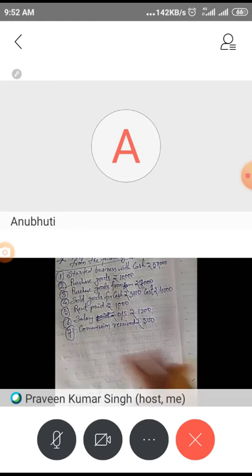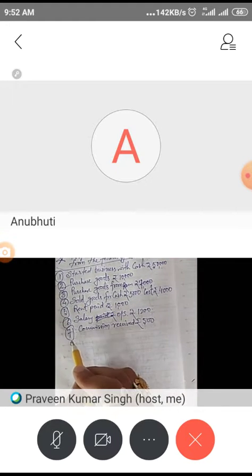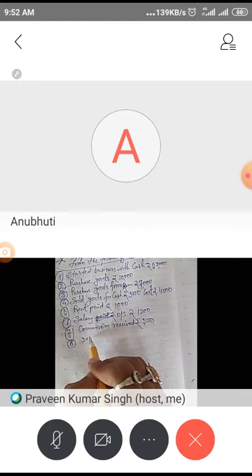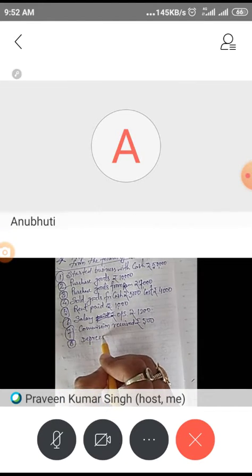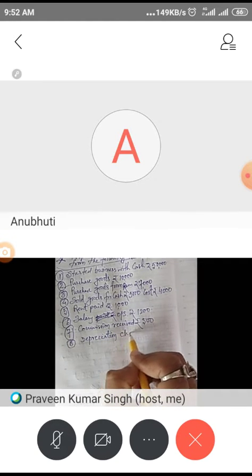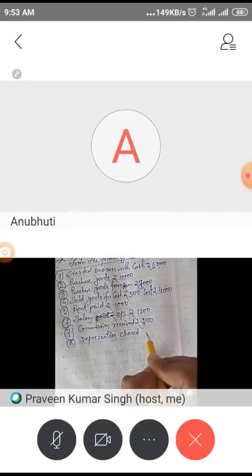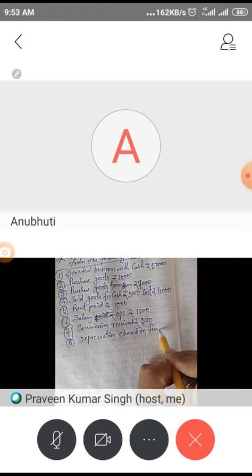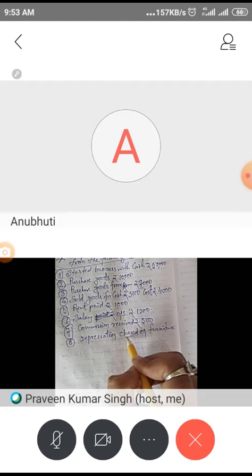Now next transaction, suppose depreciation charged on furniture or machine, we can say, rupees 1,000.